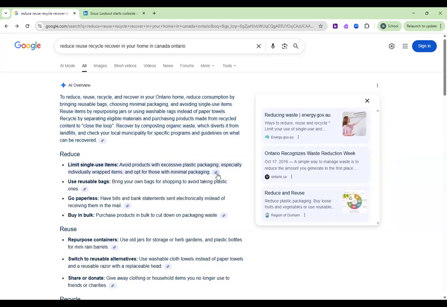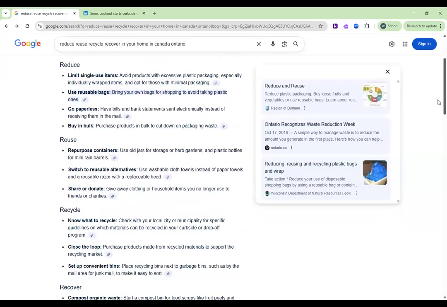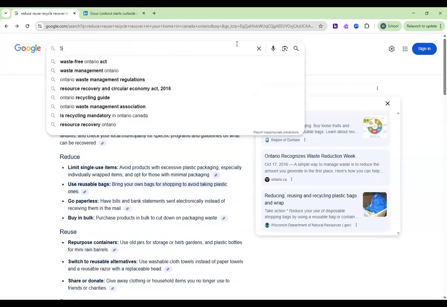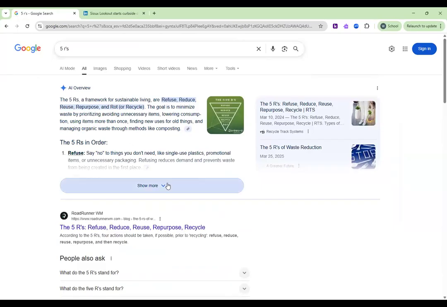I'll just see if it's reduce, reuse, recycle, and repurpose was one of them. I don't think it's got it here. It was a fifth one that had rot. Let me just put 5 R's really quickly before we move on and see if the fifth R comes up.